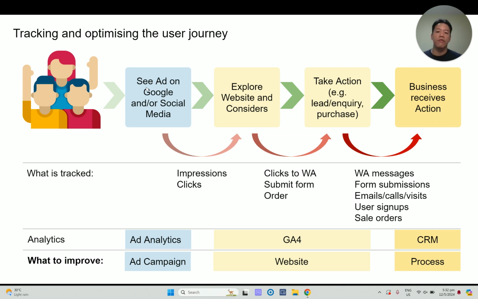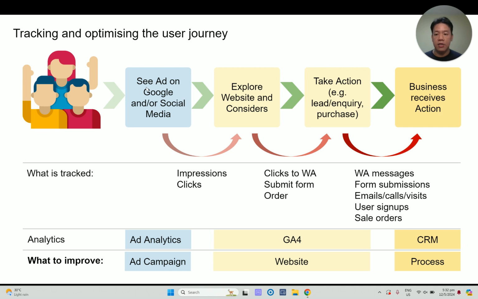So from there you can understand, okay, am I losing out by a lot to a certain competitor? Am I getting enough market share, or am I being outbid?